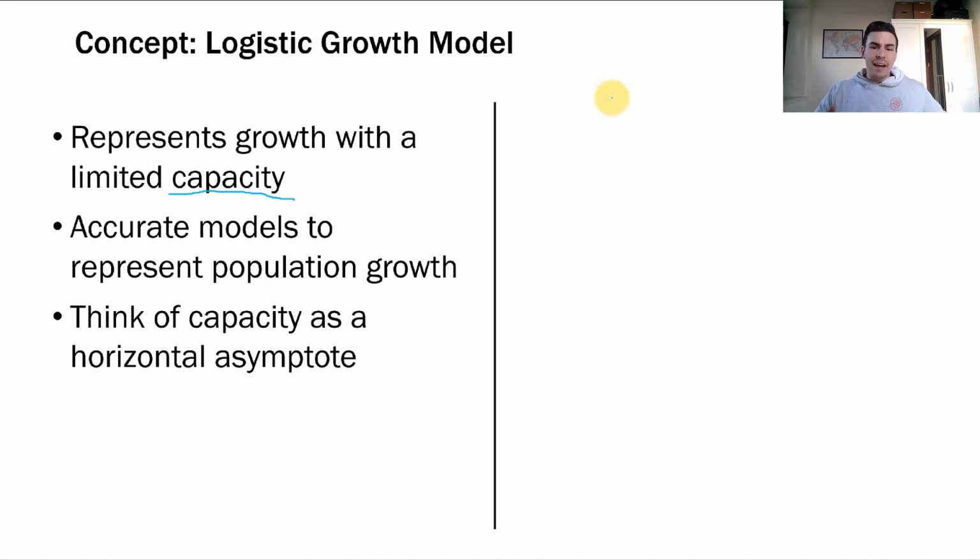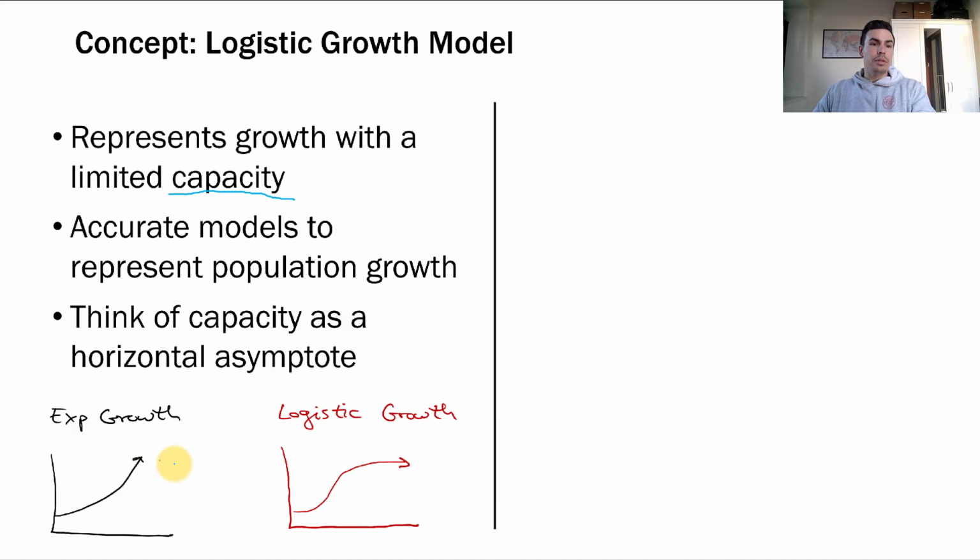From a graph perspective, if you see exponential growth, that looks something like this: wherever your initial point is, and then it exponentially grows off into infinity. But for our logistic growth, it has a similar start. We have this initial curve that's looking exponential, but then we are starting to reach our capacity.